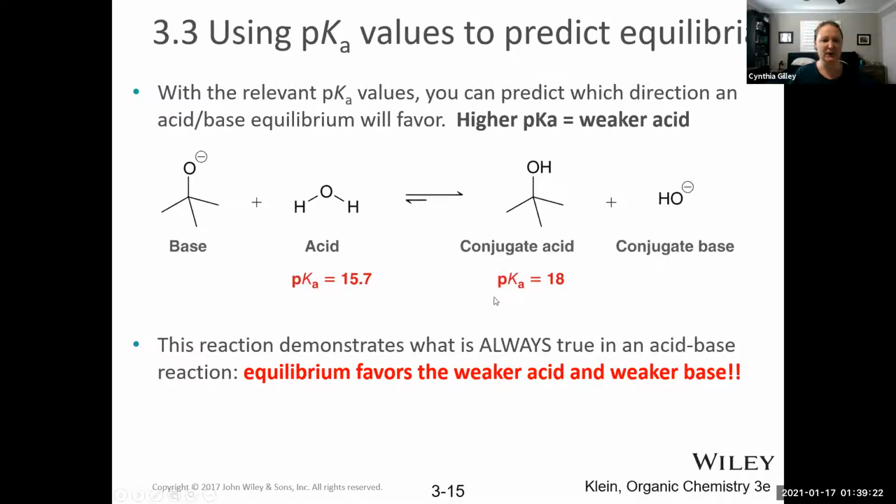So since we know those 2, we can determine that the equilibrium will favor the formation of the weaker acid, and that is the one that has the higher pKa value, if you will recall. So it is important to be able to predict the position of equilibrium if you have pKa values.